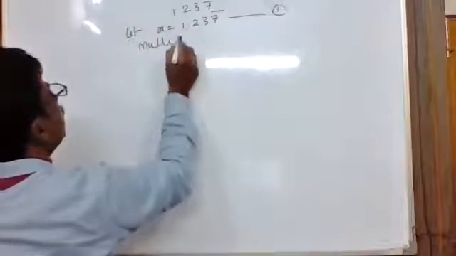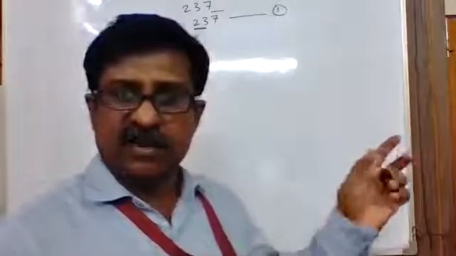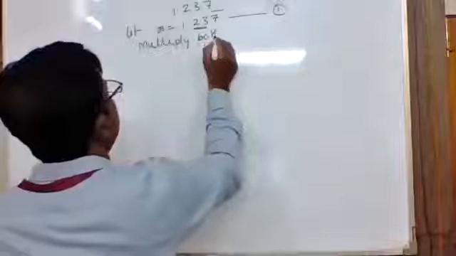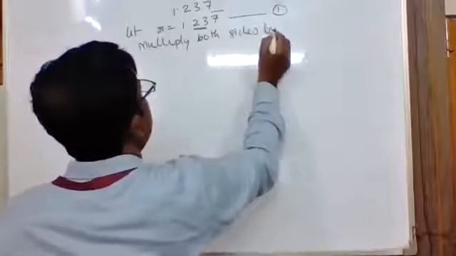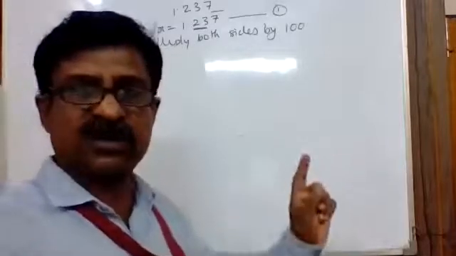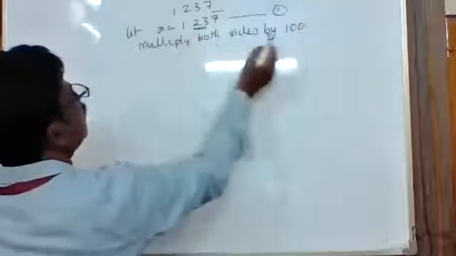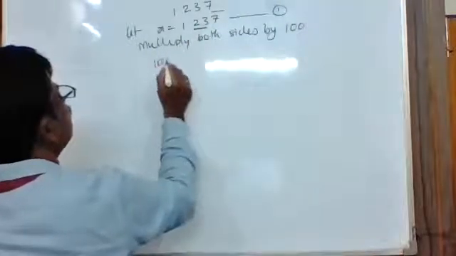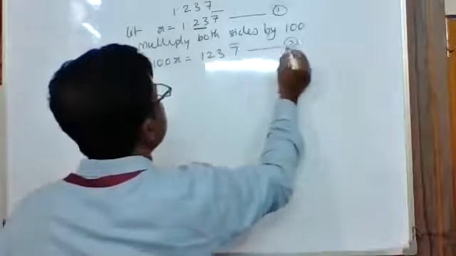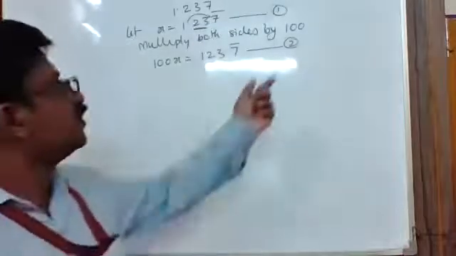Multiply both sides by, we see after the decimal how many digits are not having the bar. 2 digits are not having the bar, therefore we multiply both sides by 100. Earlier we multiplied by 10 first because there was only 1 digit not having the bar. This time we multiply by 100 because 2 and 3 are not having the bar. 100x equals 123.7 bar. This is the second equation, because the point shifts 2 places to the right, as we got 2 zeros.